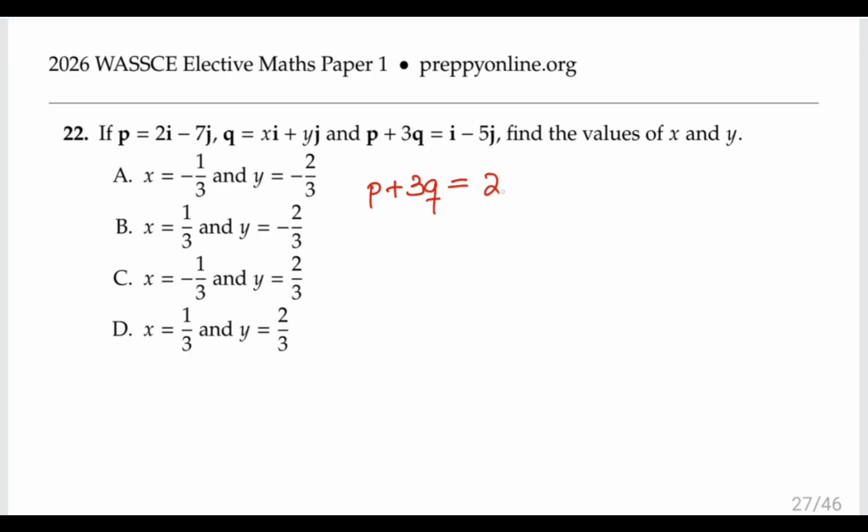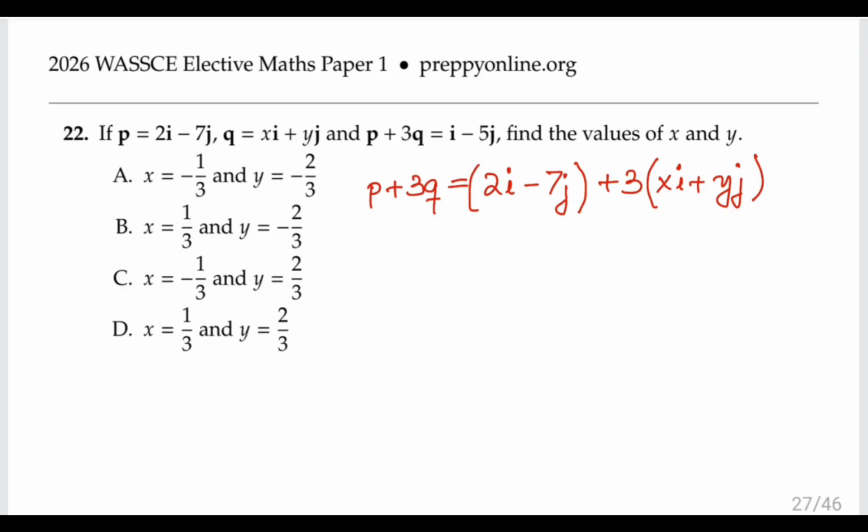So P is equal to 2i minus 7j, and we can put all of this in one set of brackets, and then we have plus 3 times Q, which is xi plus yj.